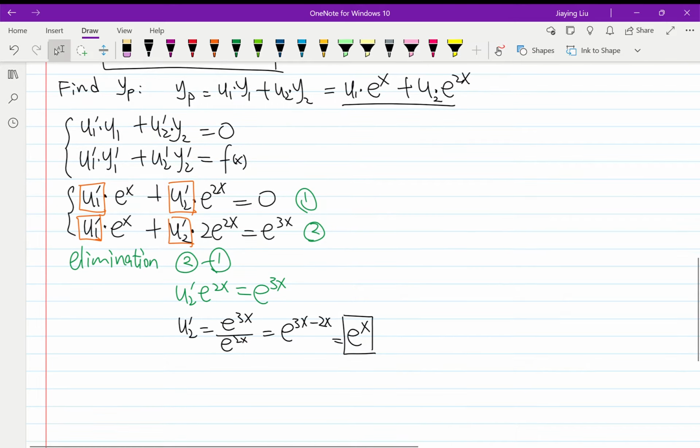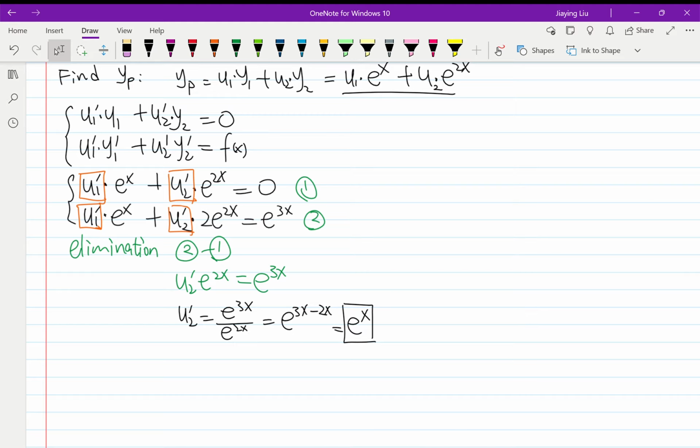And next step, we have to find out the u1 prime. So if you remember solving system of equations, after you find one, you have to plug into one of the equations, find the other one. So I'm going to use the first equation because I have a 0 on the right-hand side. It's easy to work with. So that will give me u1 prime e to the x plus u2 prime.